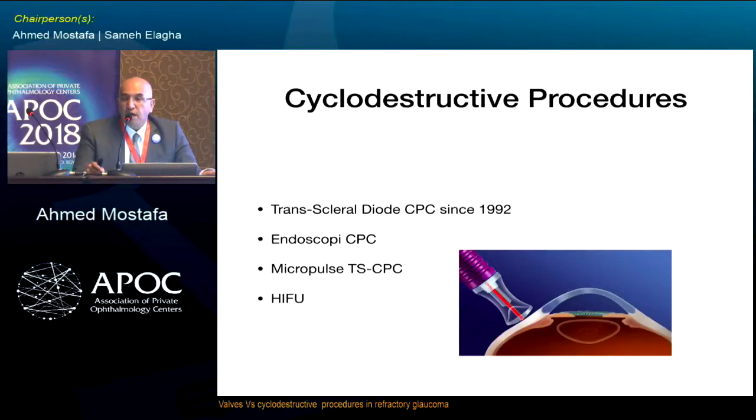And because of the cycloablative procedure, and excuse me to use cycloablation instead of cyclodestruction because it gives you a bad impression, the cycloablative procedures include as well the introduction of ultrasound, high intensity focused ultrasound, which means that it is a procedure which is really needed.